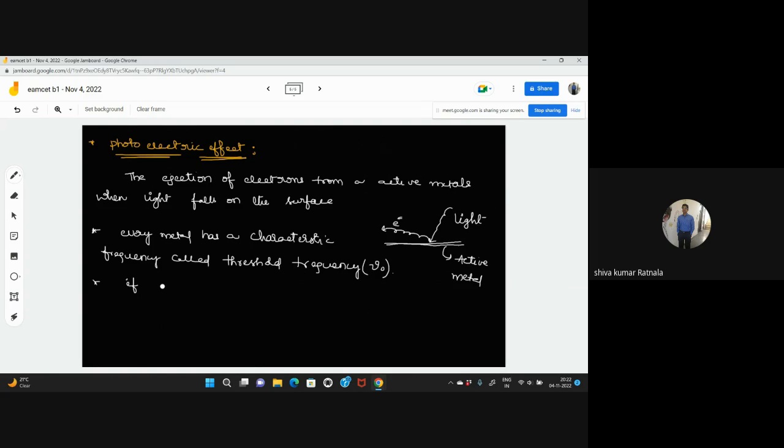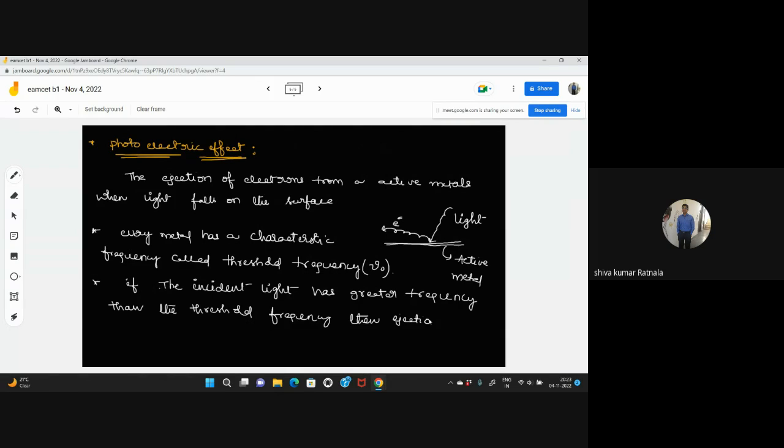If the incident light has greater frequency than the threshold frequency, then ejection of electrons takes place.